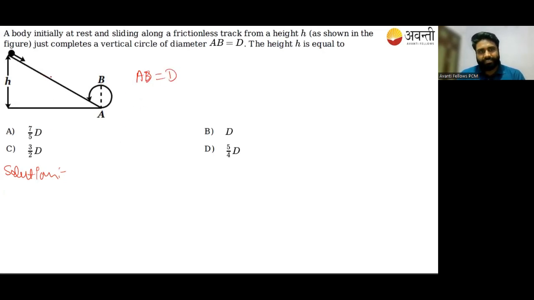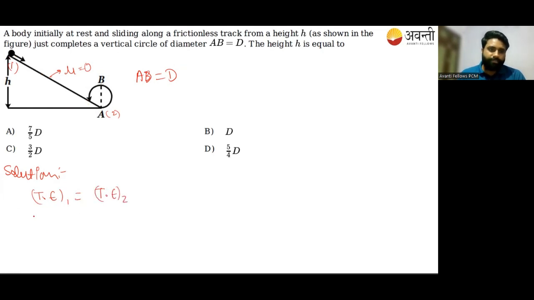Since this surface is frictionless, we can apply the law of conservation of energy. What is that? This spot I can say 1 and this spot I can say 2. So the total energy of spot 1 is equal to the total energy of spot 2.